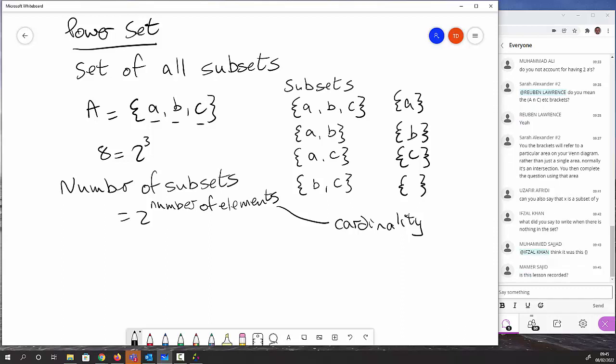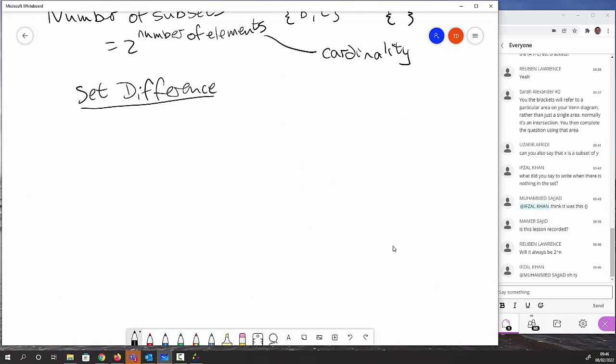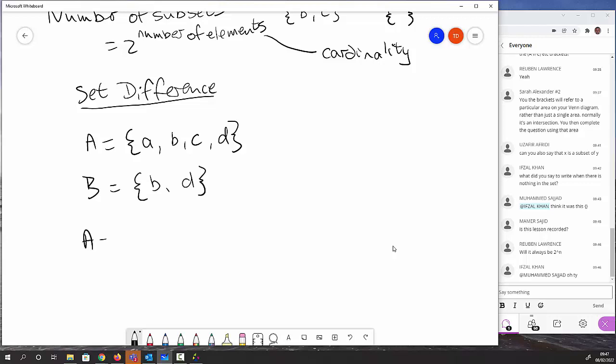Now, let me do set difference. Elements can only be in a set once. They're either there or they're not there. So if I've got a set A, which is A, B, C, and D, and a set B, which is equal to B and D, A minus B is the difference of those two sets.